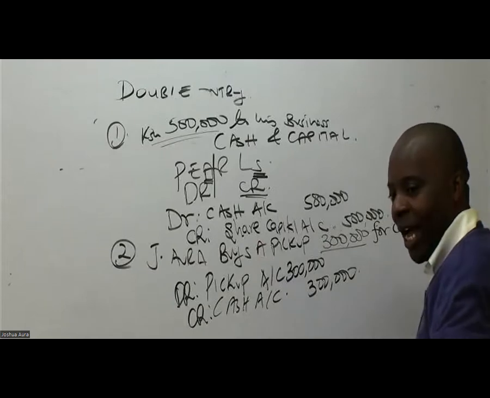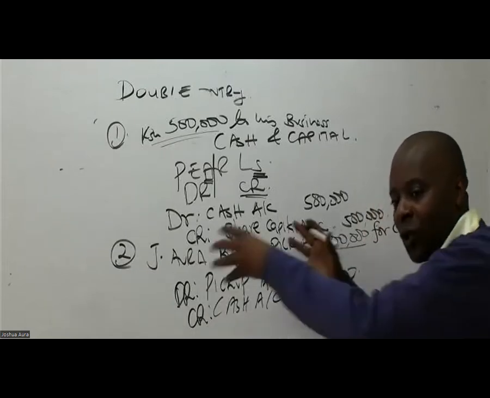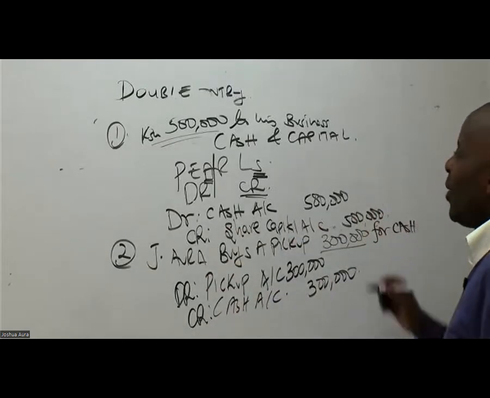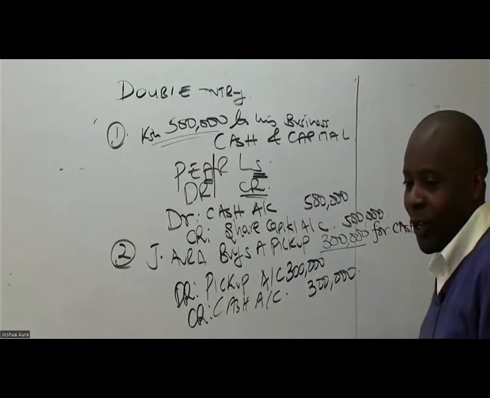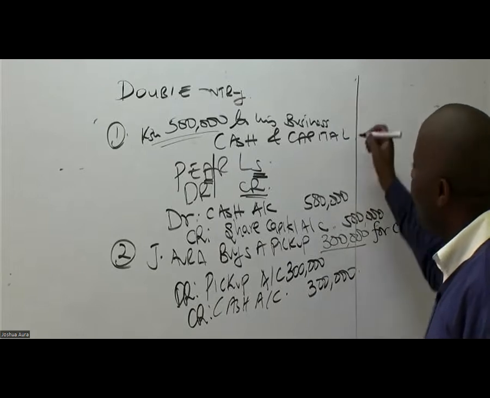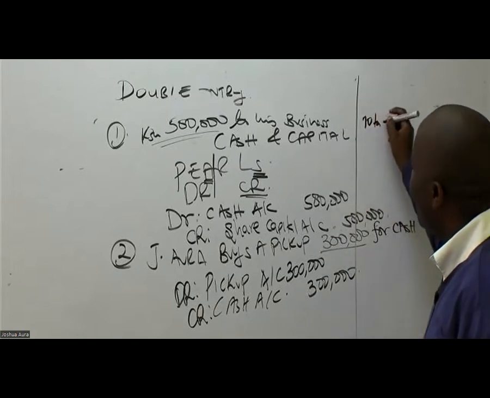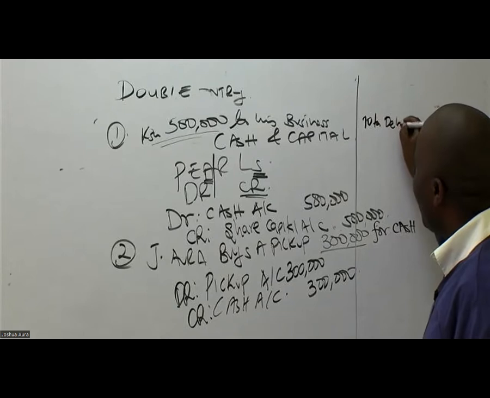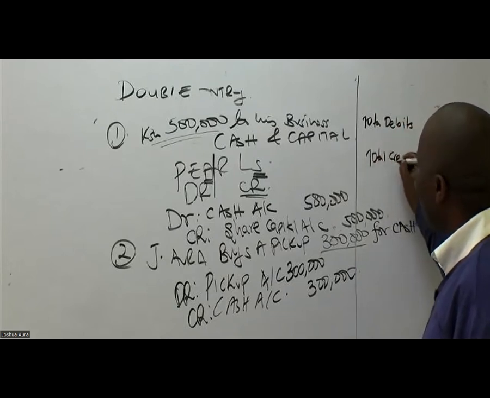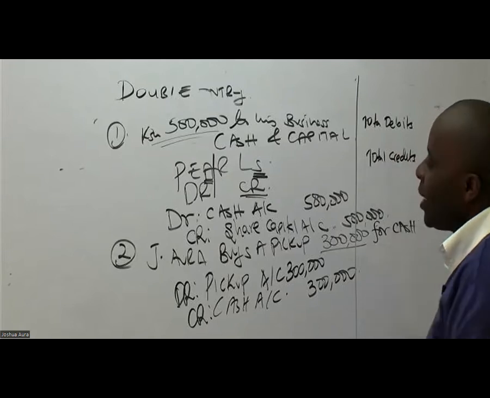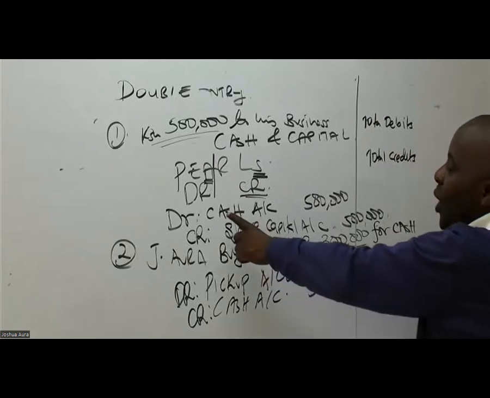Now, ladies and gentlemen, listen to me very carefully. Assuming you were to stop here, assuming that these are the only transactions we had in the whole year, then at the end of the year, I'll extract what we call a trial balance. In the trial balance, I'll get the total debits vis-a-vis the total credits. Like now here, I've got only two debits.